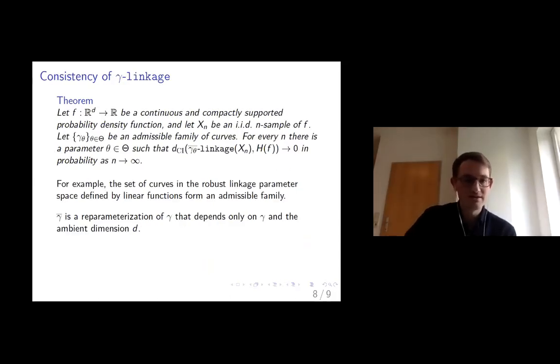Okay, so the last theorem I'm going to talk about is a consistency theorem for this gamma linkage.